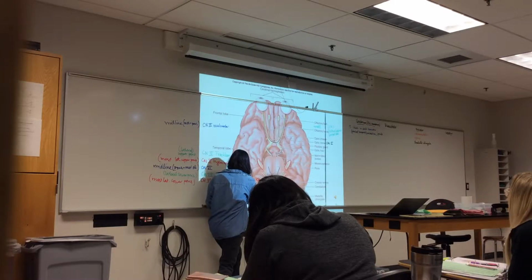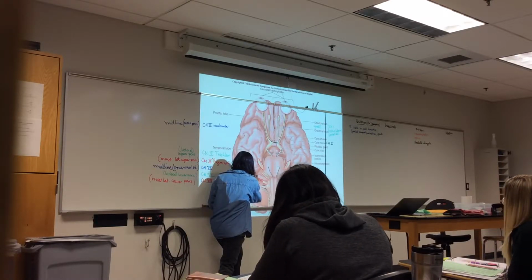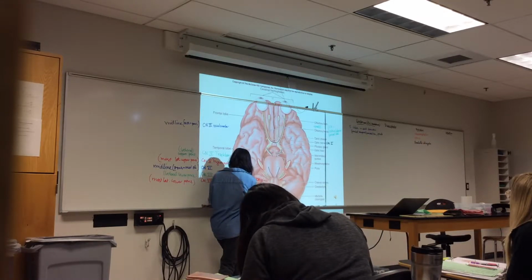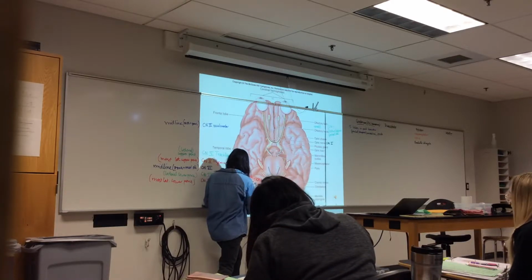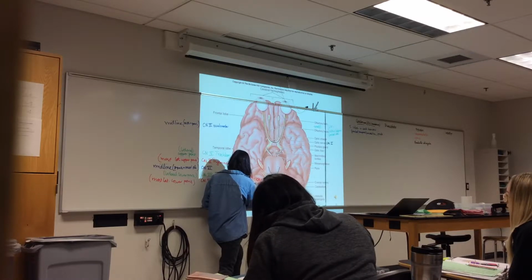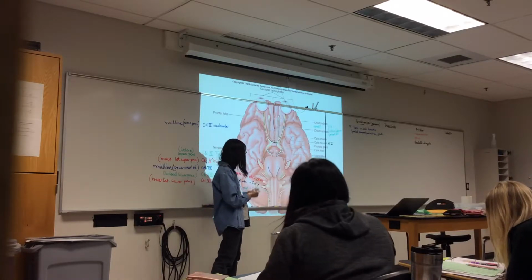So this is upper medulla oblongata. This is mid medulla, and this is lower medulla. Does that make sense? Okay.